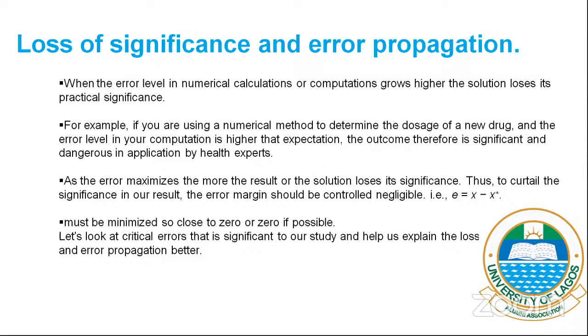What we are trying to achieve is to make sure that our estimated value is close. Like I said in the introduction, analytical methods cannot solve all the problems in mathematics. That's why at some point we have to estimate values.